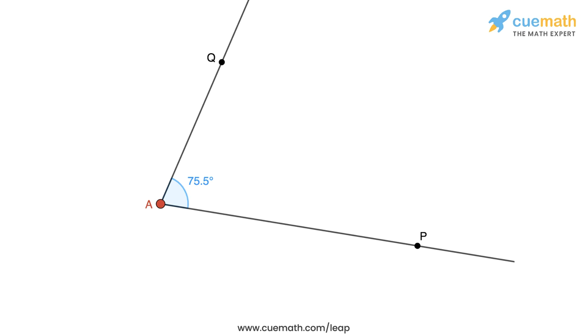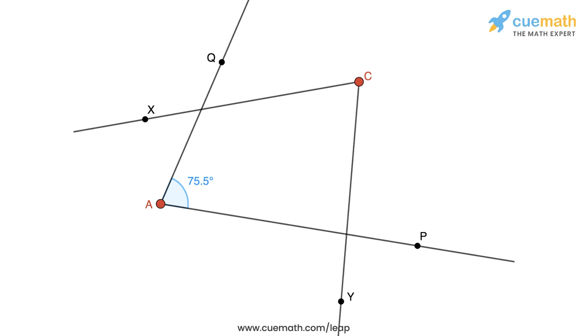So next take the vertex C to be anywhere in the plane. Here I've taken the vertex C, and now draw a ray CX through C like this, and next draw another ray CY through C which is inclined to CX at the same angle as the angle at A, in this case 75.5 degrees.